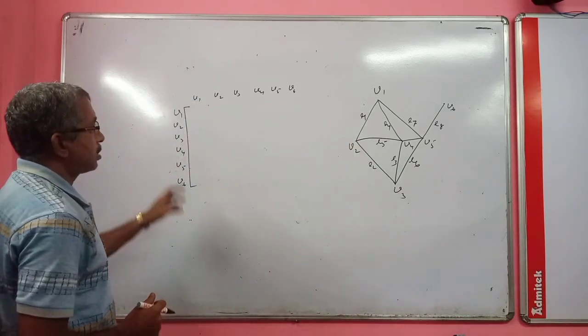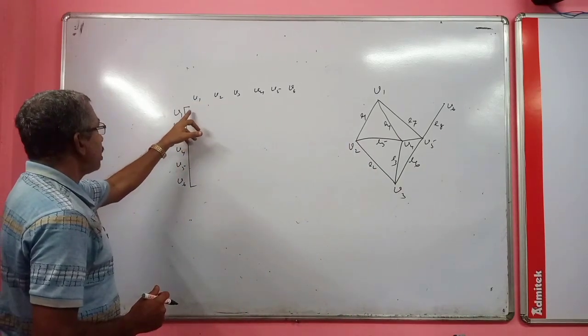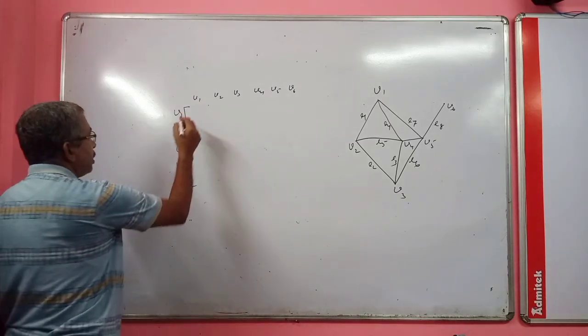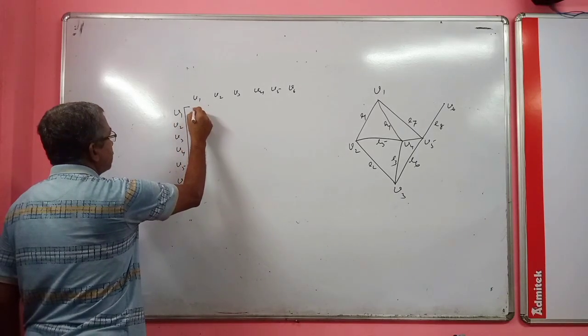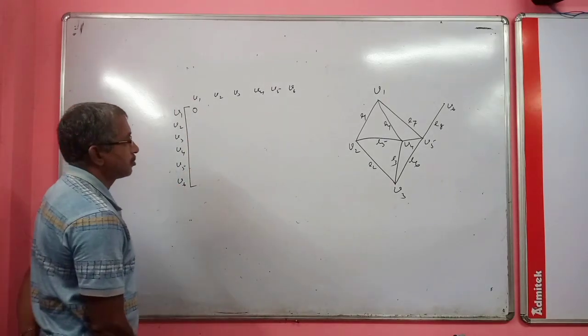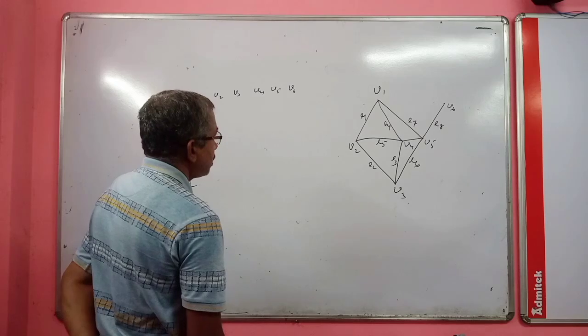Now see that from V1 to V1 there is no self loop, so one element is 0. Right?